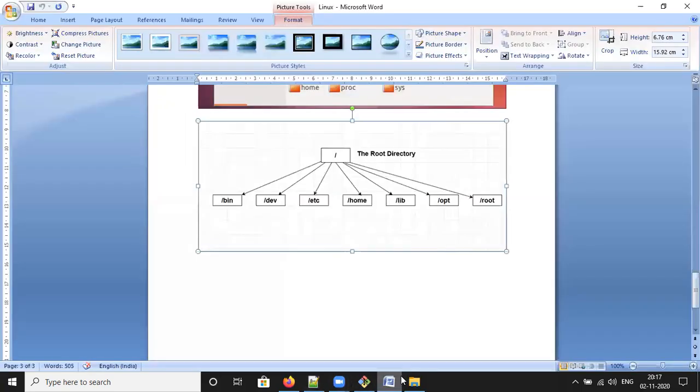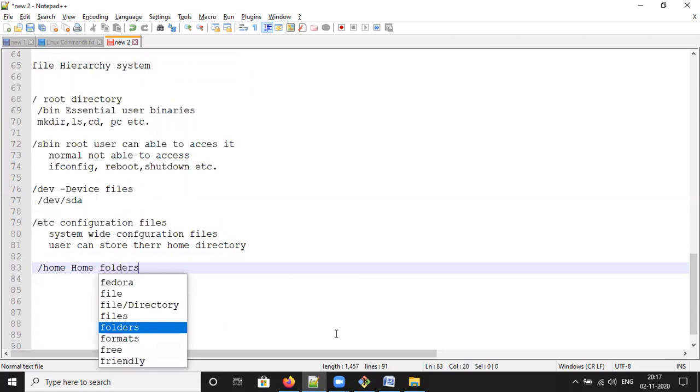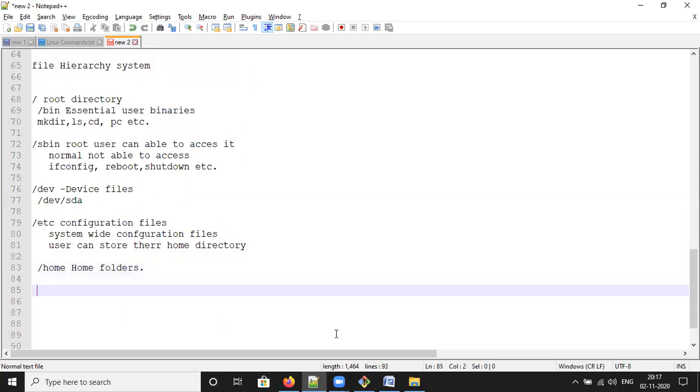Next one, the /home directory. What does it contain? Home folders, one for each user.